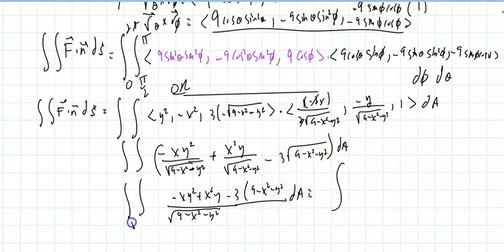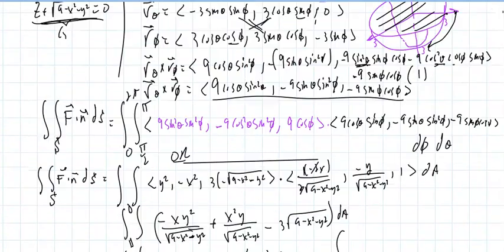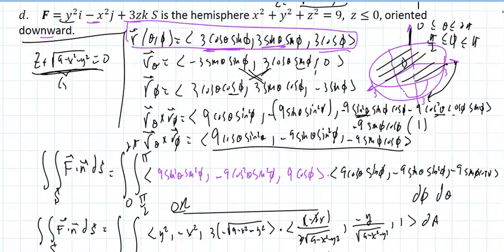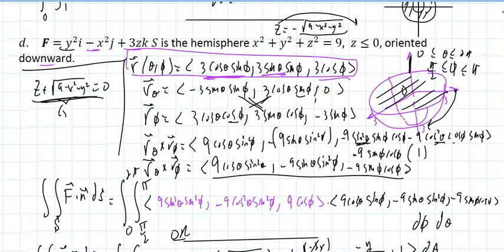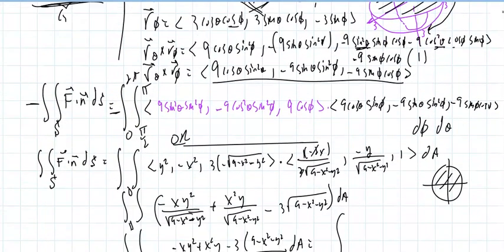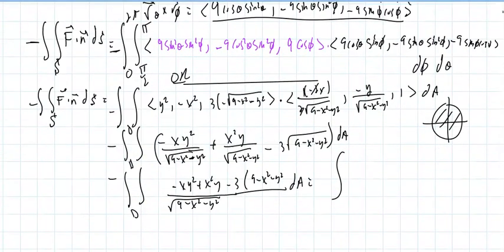And I could sit over D, of course, where D is that domain. So we're looking at a circle with a radius of 3. Oh, and it was downwards orientation. I forgot about that. And what would that be?